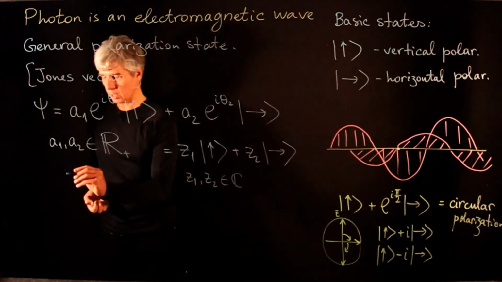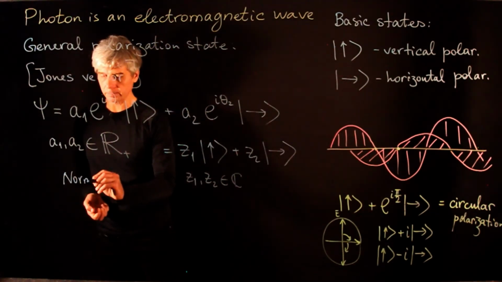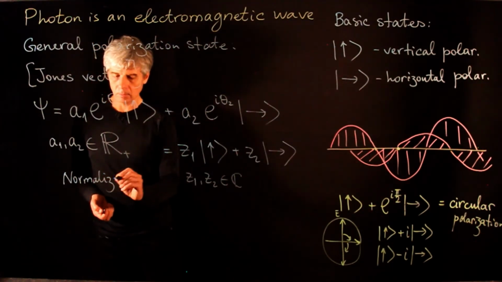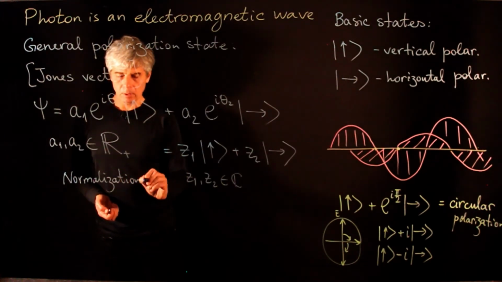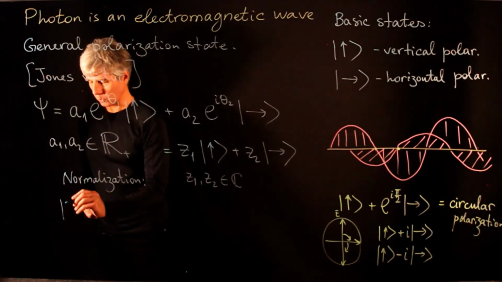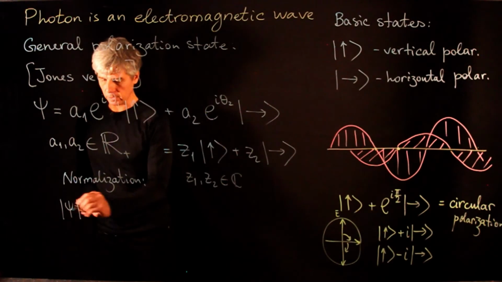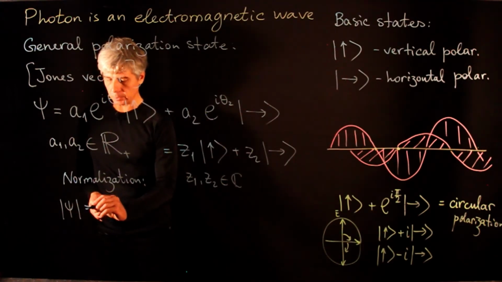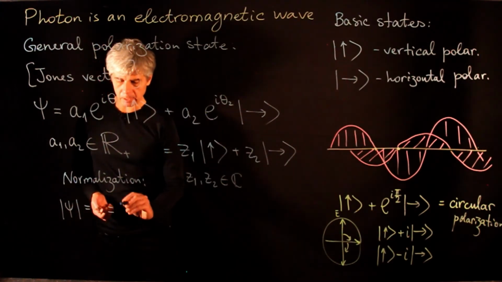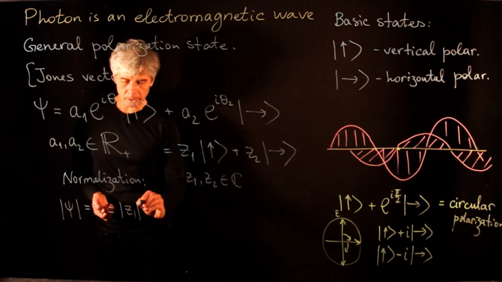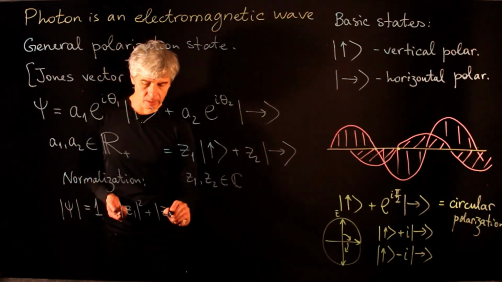So the norm of this state is equal to 1, and this is |z1|^2 + |z2|^2.